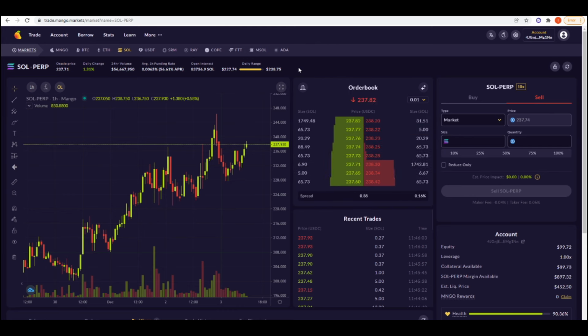So if you can't actually be monitoring your position that much, then this strategy really isn't going to be that useful for you, because it can turn on a dime if we have like a bear market, for example. And then this strategy will most likely no longer be profitable because the funding rates for SOL on Mango Markets are going to go negative as well. And if they do, it means you're going to start losing money if you're short on Mango Markets.